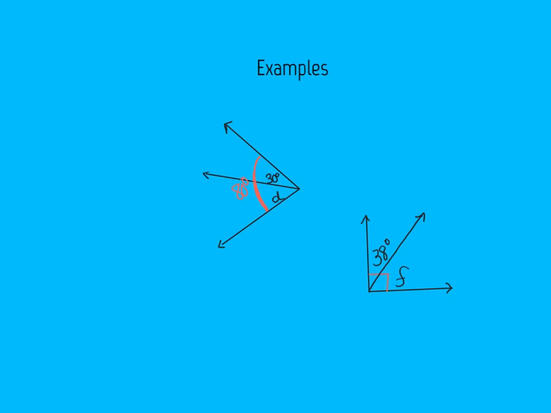All right, last two examples here. So I'm going to start with this question here, looking for angle D. We're being asked to find this angle. And the information that they've given us is that this little angle here is 30.